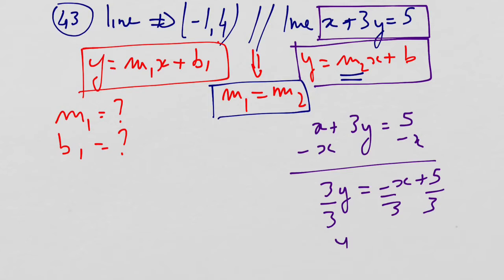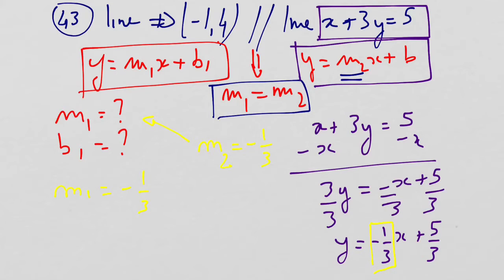I end up with y equal negative 1/3 x plus 5 over 3. That says that the slope m2 equal negative 1 over 3. So that implies that the slope m1 equal negative 1 over 3.